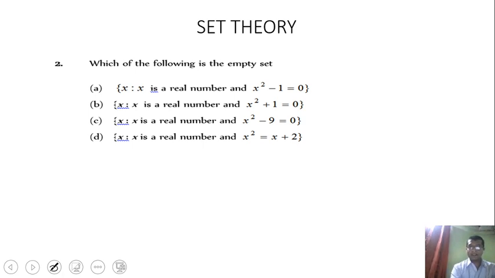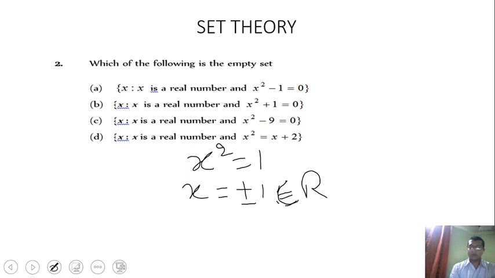If we simplify this expression, we get x square equal to 1, x equal to plus or minus 1, which belongs to the set of real numbers, therefore it is not an empty set. The first option is wrong.